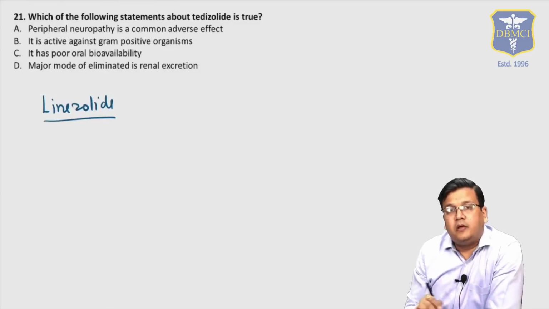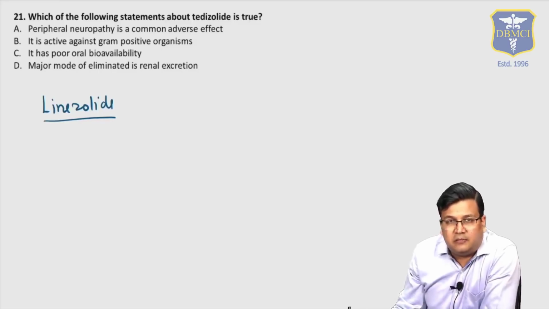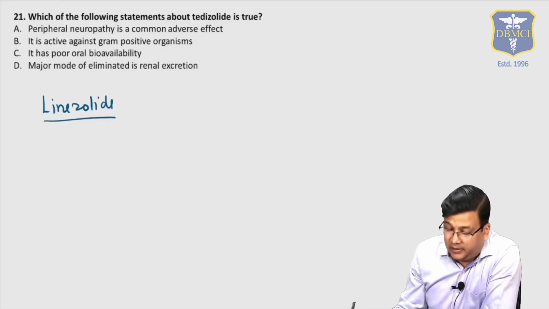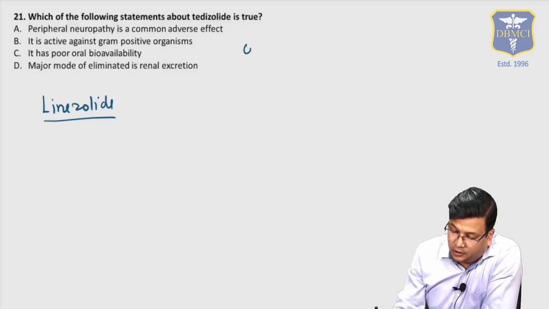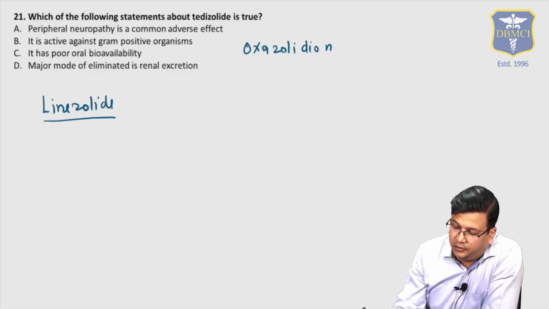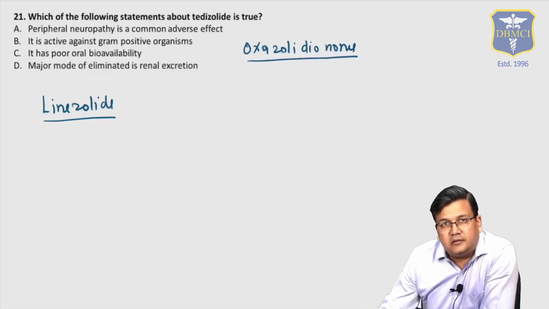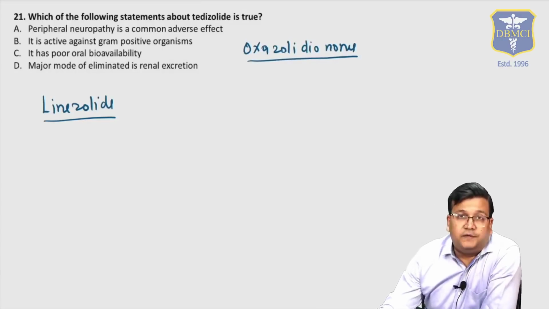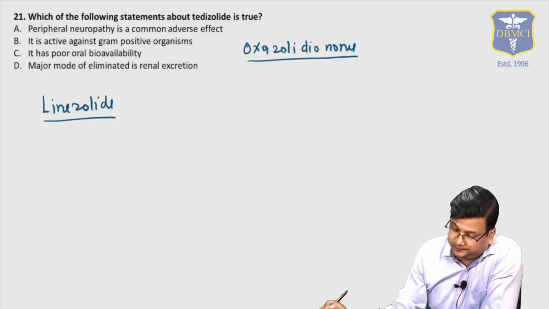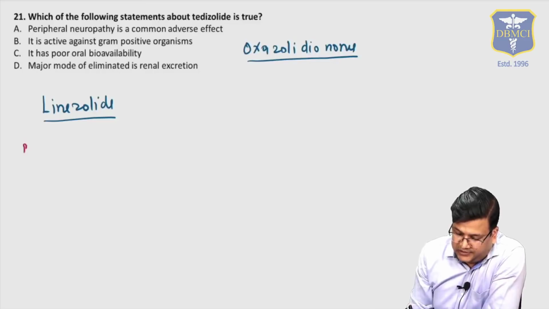Linezolid and tedizolid both belong to the same class of antibiotic, and the class name is oxazolidinones. So oxazolidinones is a class of antibacterial drugs, of which the first member is linezolid. So we can start writing the main points here.